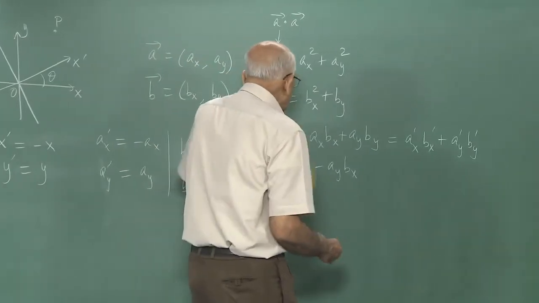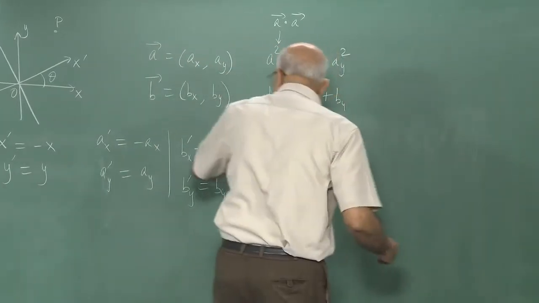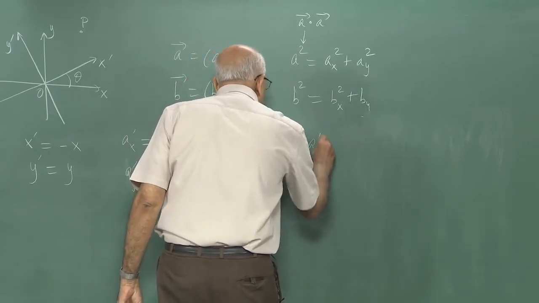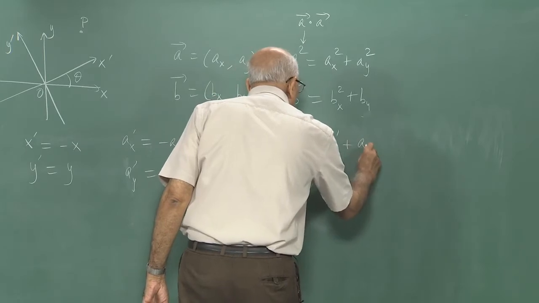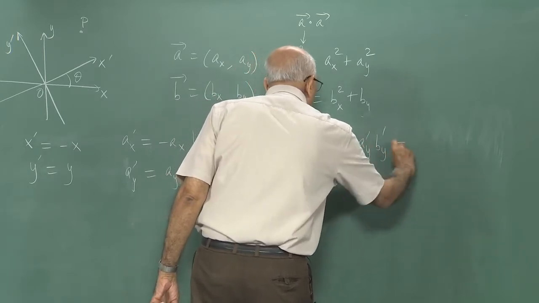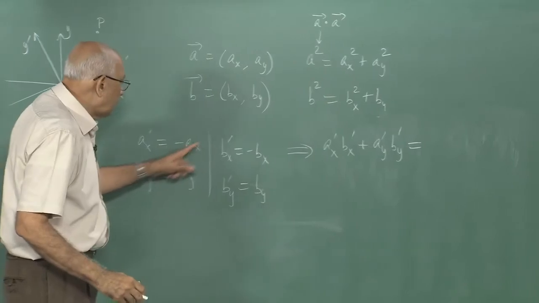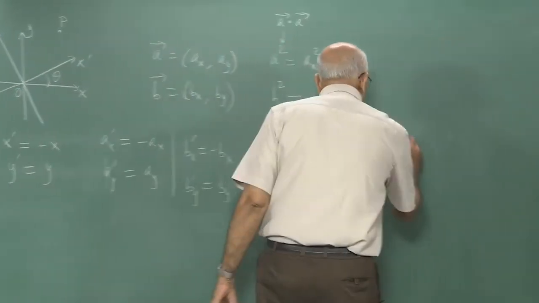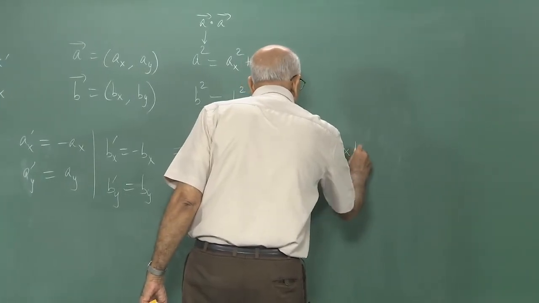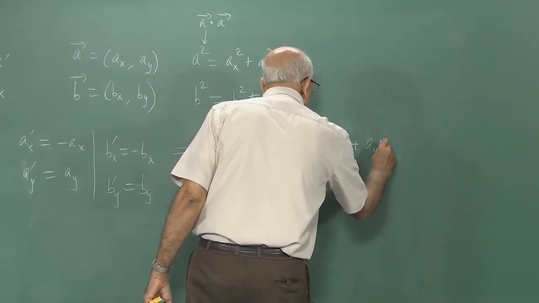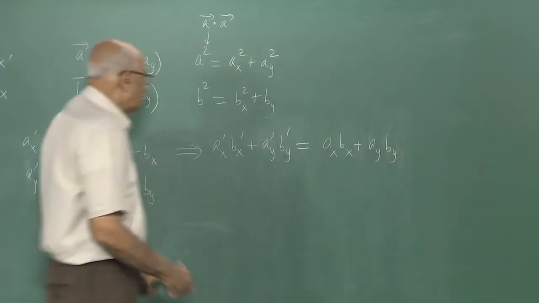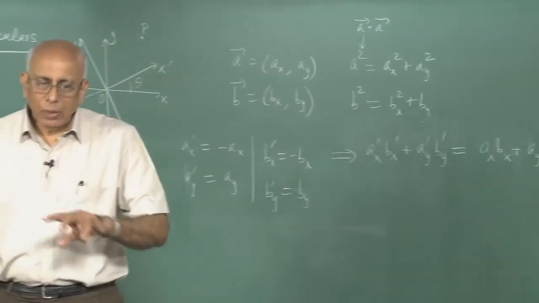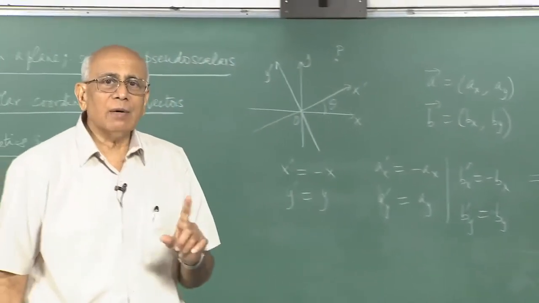Under such a transformation, ax prime bx prime plus ay prime by prime is equal to, this changes sign, so the product does not change sign. It remains once again ax bx, and of course the y's do not change sign at all, so ay by. Therefore this quantity is a scalar not only under rotations but also under reflections.